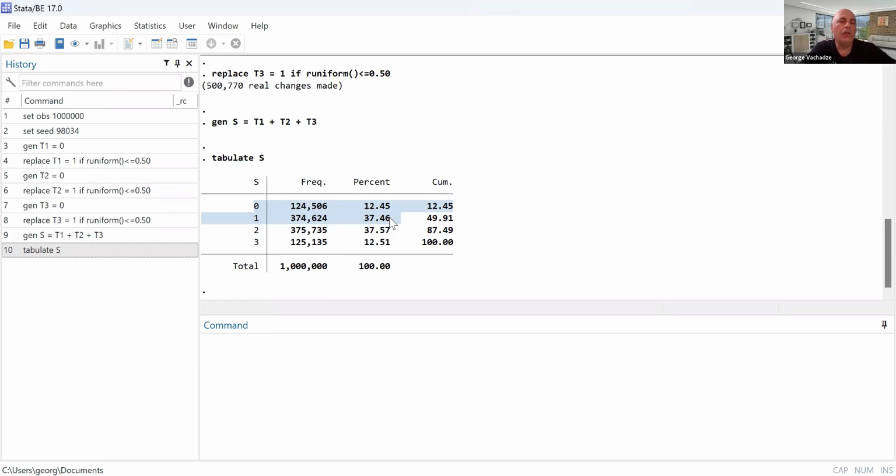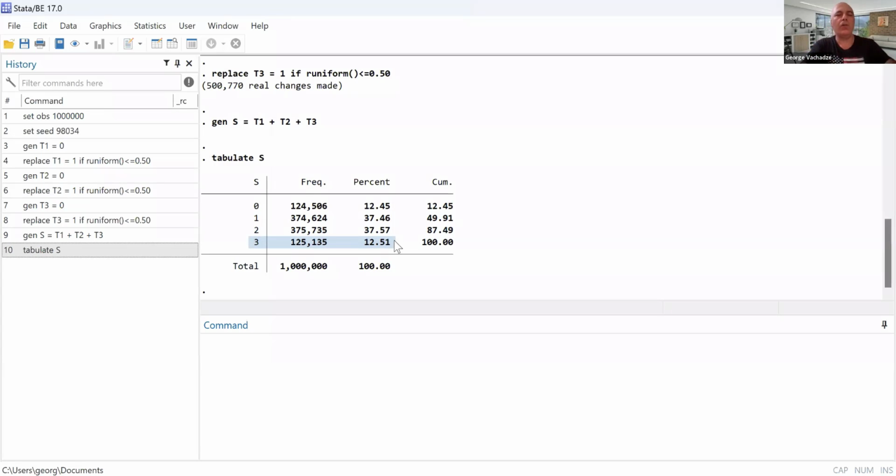To get the probability of event B, we need to sum up 3 numbers, because S equals 1, S equals 2, and S equals 3 support event B. So the probability of B is P(S=1) plus P(S=2) plus P(S=3). And the probability of event C would be the probability that S equals 3, which is 12.51%.